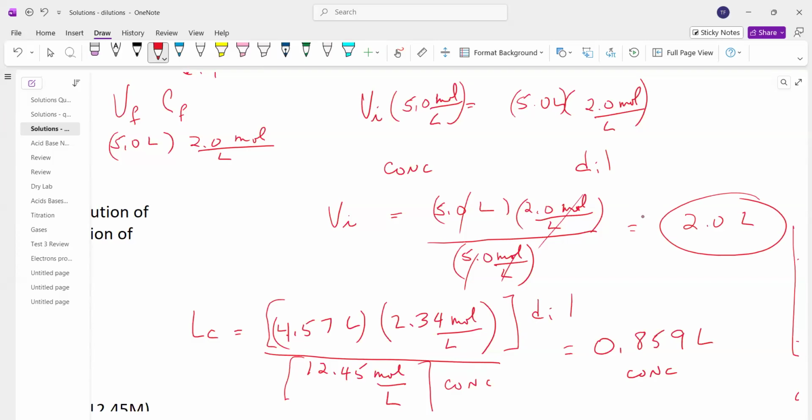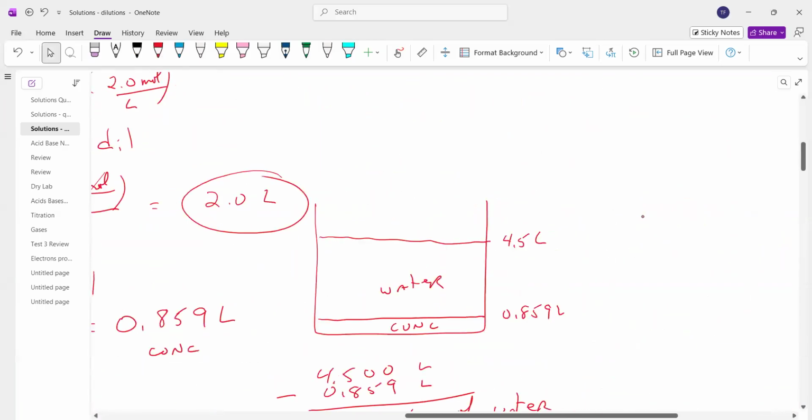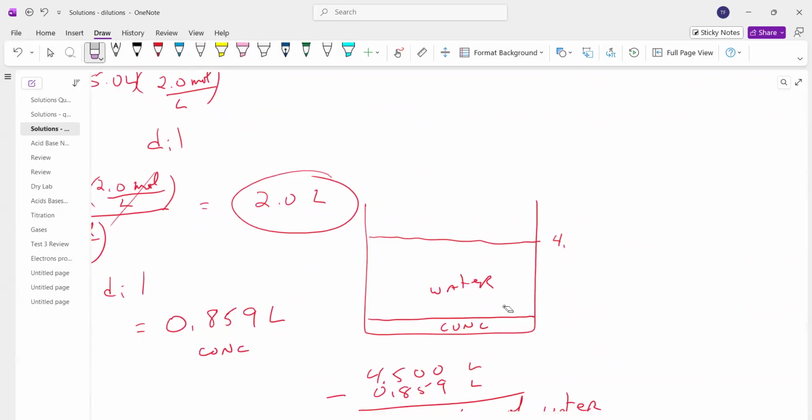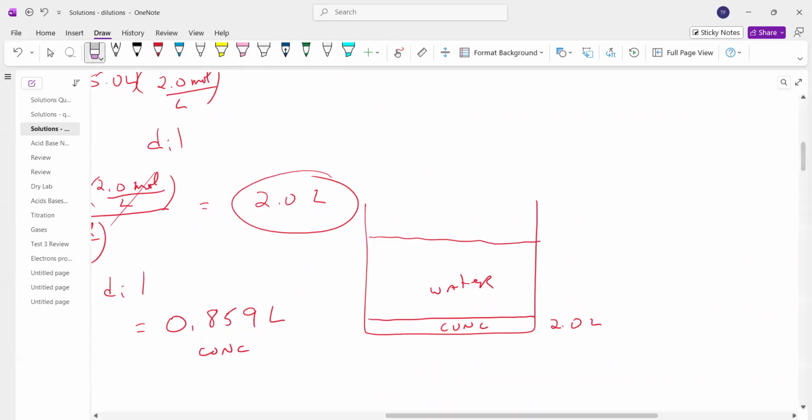So the instructions are, we take 2 liters of the concentrated, and then we want 5 liters total.